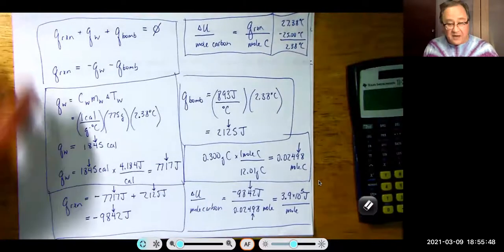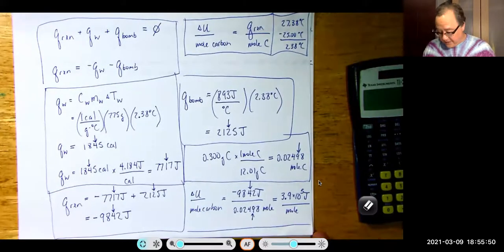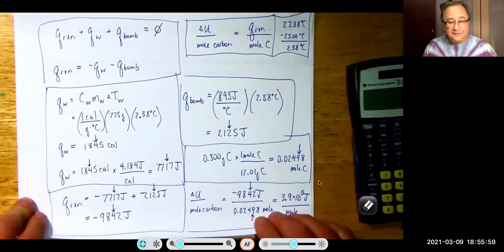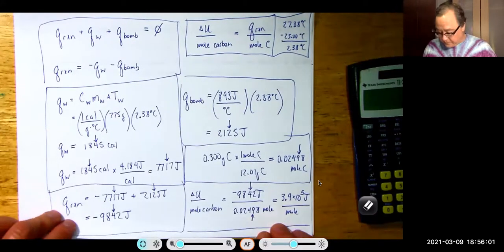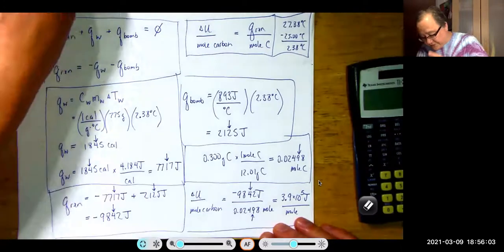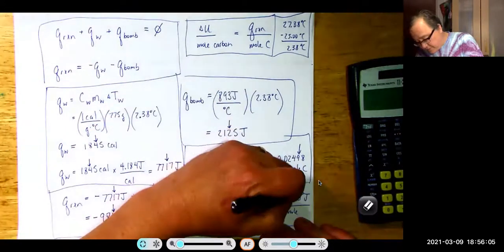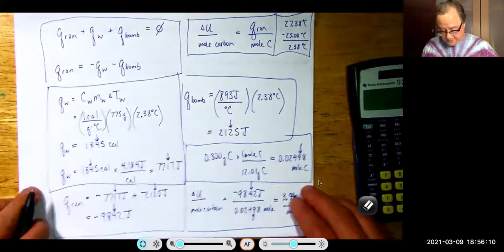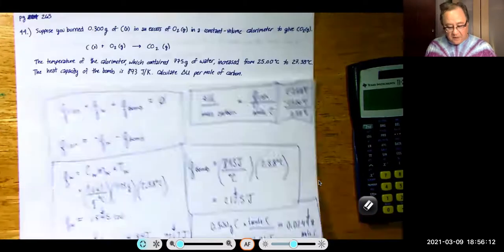If you just throw that up at the end of this problem and it's worth 10 points like on an exam, I'd give you 1 point for getting it right, as long as you have the right number of sig figs. I don't have the right number of sig figs. I do have to have a 4 there. So 3.94 times 10 to the 5th. Okay, and that's for that problem there.